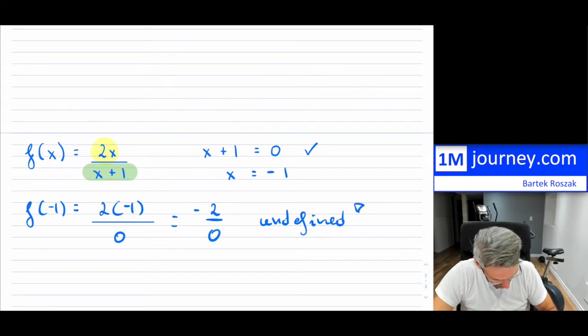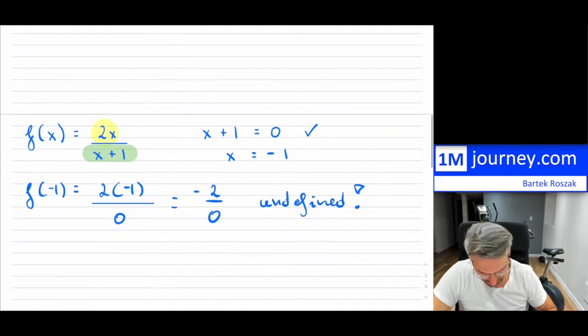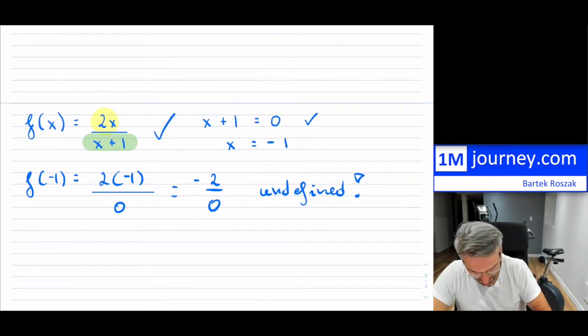This is not something that we want for functions, right? We want one unique number out of this. So our restriction here is that we cannot have x equal to -1.